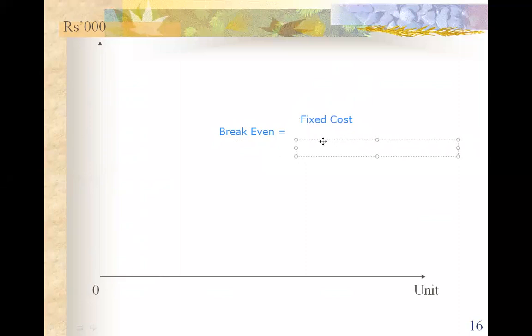Fixed cost divided by contribution margin, then we'll get a break even point in unit. Unit basis এ আমরা break even point পাওয়ার ফর্মুলাটা হচ্ছে fixed cost divided by contribution margin per unit. Is it clear? Break even formula, is it clear? Yes, sir. Clear.